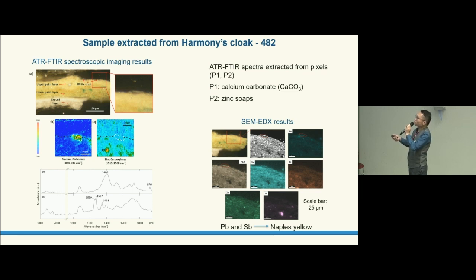And in these samples, we detected crystallized zinc soaps, which you can see from the spectrum has very characteristic bands at around 1527 and 1539 inverse centimeters. One of the interesting findings in this part of the samples is that we detect lead and antimony.